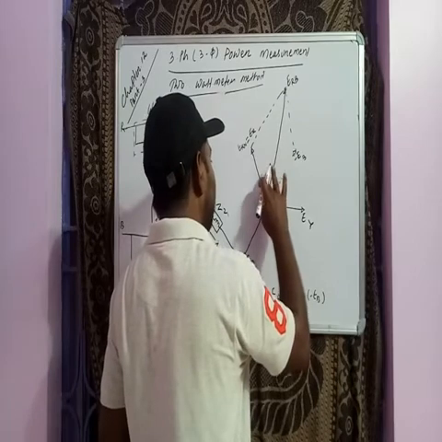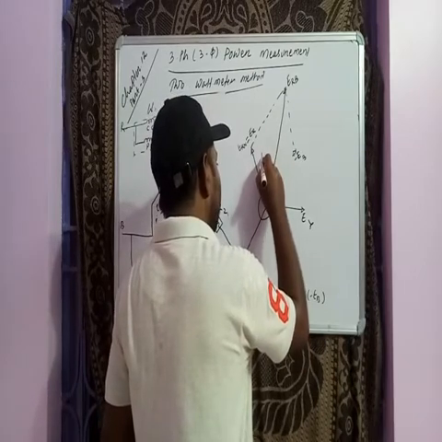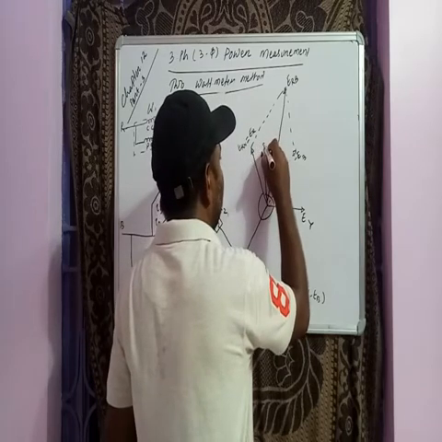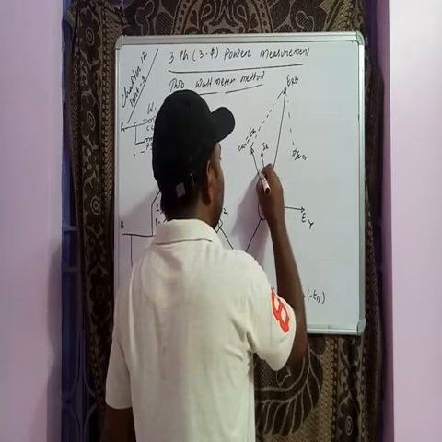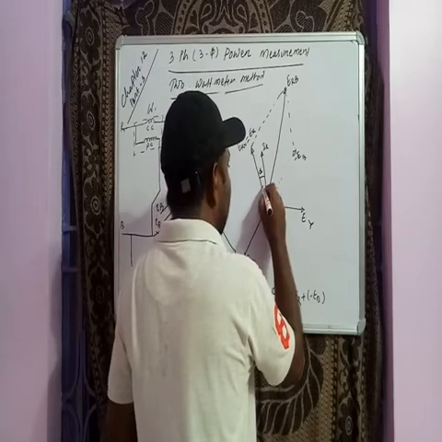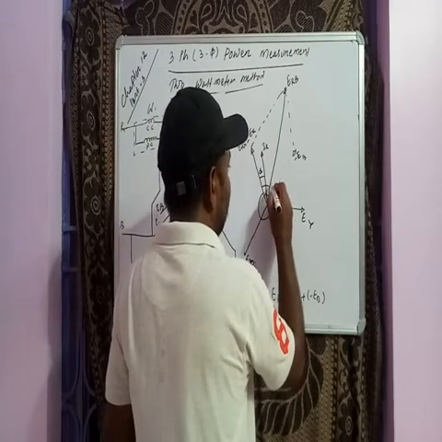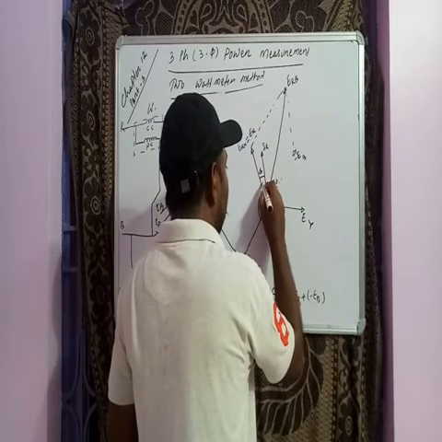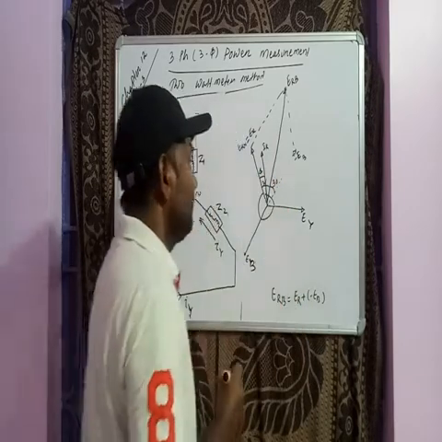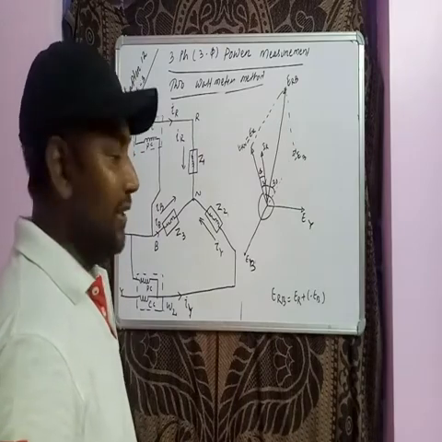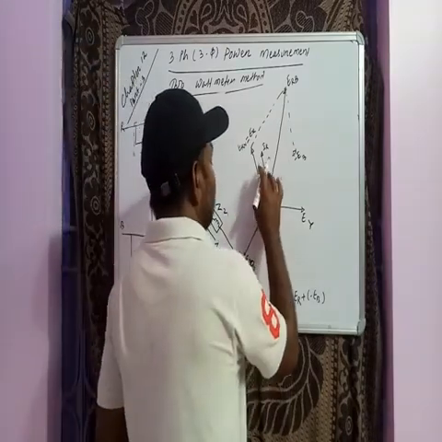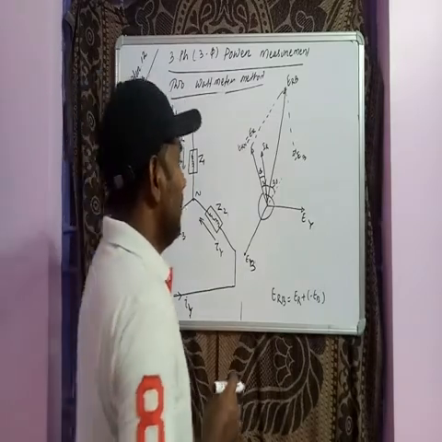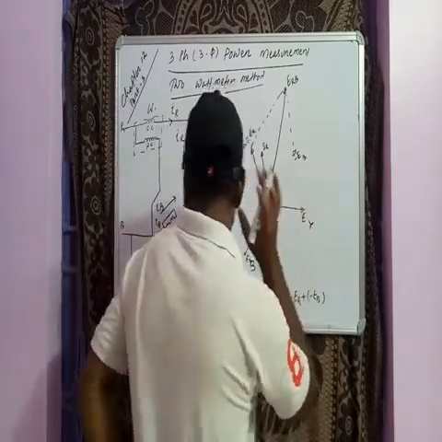So this one is the current. This angle is phi. Total angle is 30 degree. This angle is 30 degree. Okay, and this is also 30 degree. Getting this? And this angle is phi.